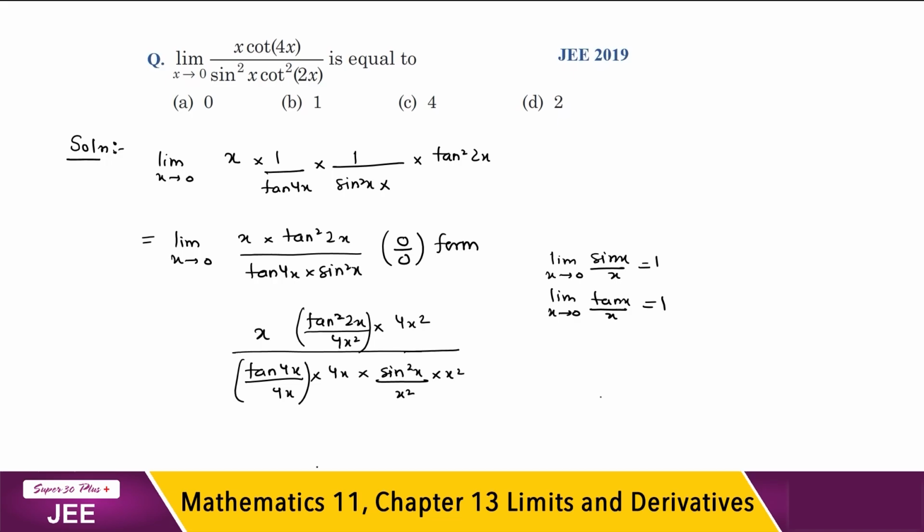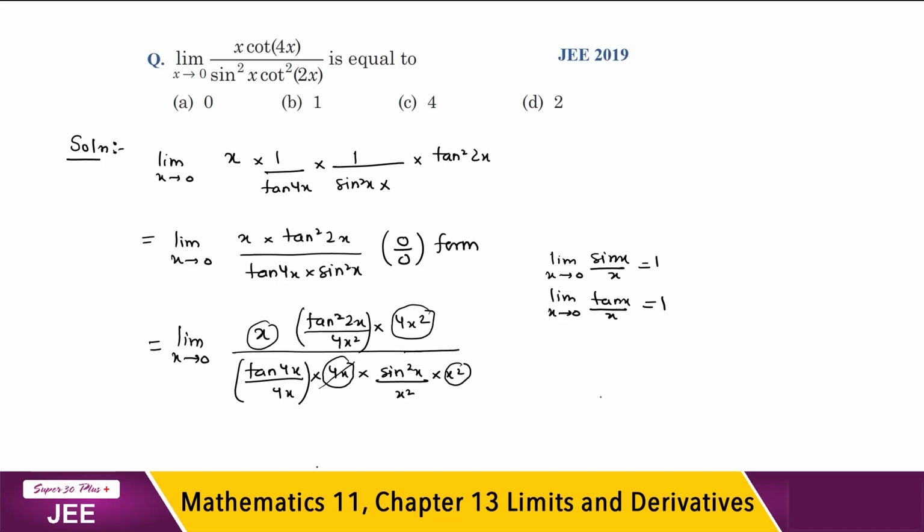So we have converted each and every term according to standard form, and limit can now be separated to each and every term. So in numerator, x multiplied by 4x square becomes 4x cube, and this 4x multiplied by x square again becomes 4x cube.